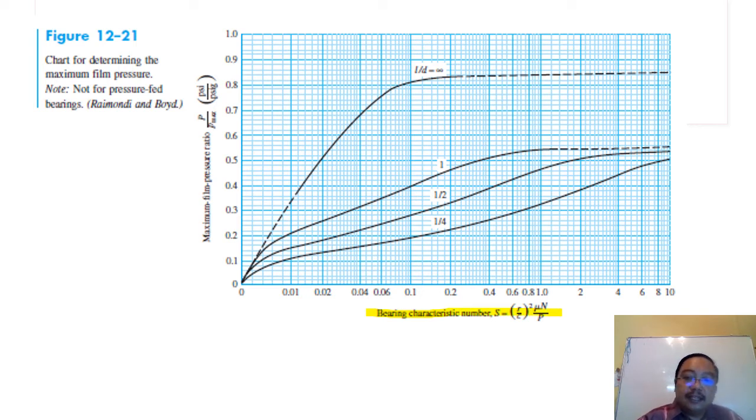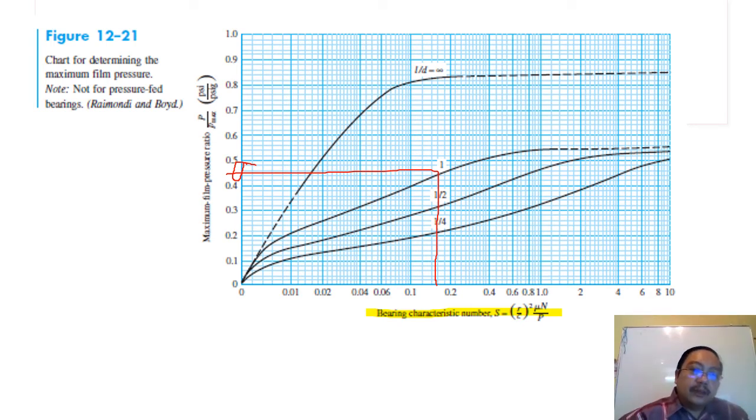Within this Sommerfeld number on the x-axis, the same procedure: 0.135 is around here, and you extrapolate to this curve, L over D equal 1. Then go here, and you can see this value, you get 0.42 estimate. If you give an answer more or less the same, it is acceptable, within the range.